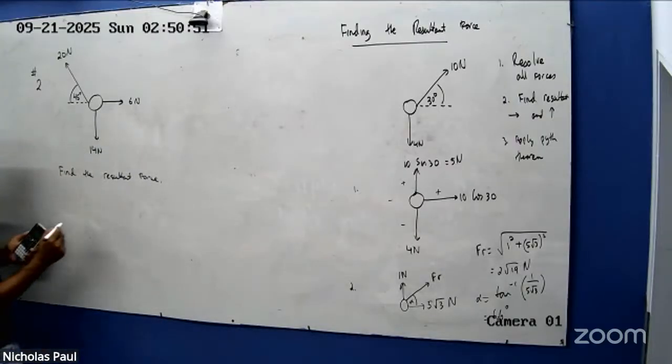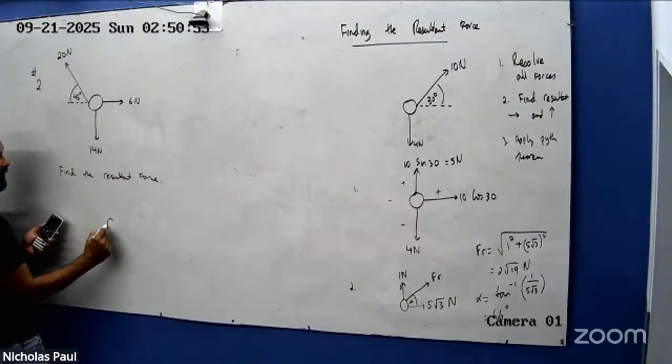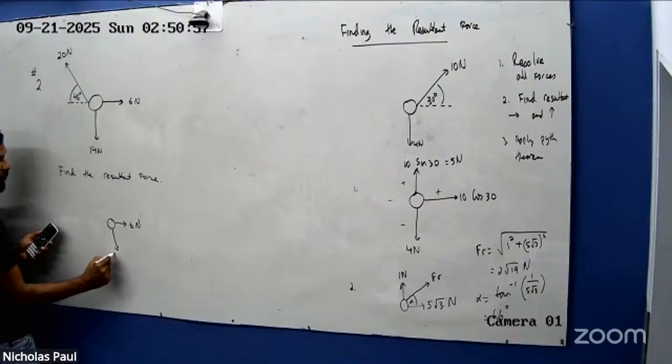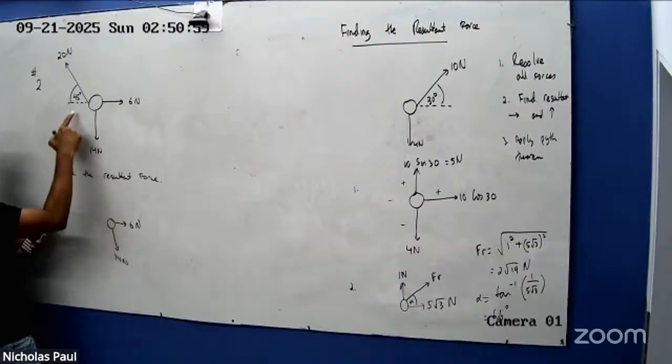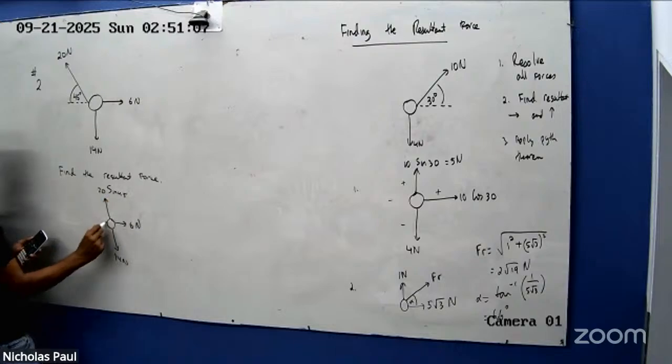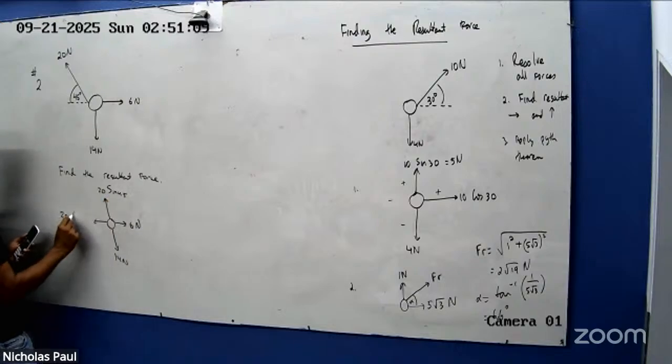So let's see, step number one, I'm going to resolve. Here's 6 newtons. Here is 14 newtons. And I'm going to resolve 20. Here will be 20 sine 45. And here will be 20 cos 45. Right?